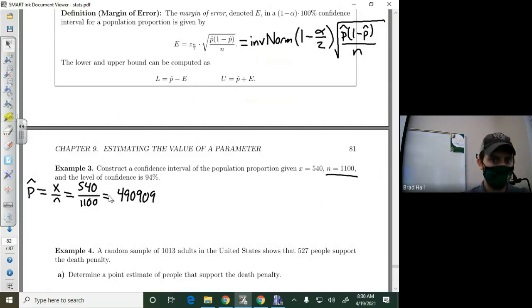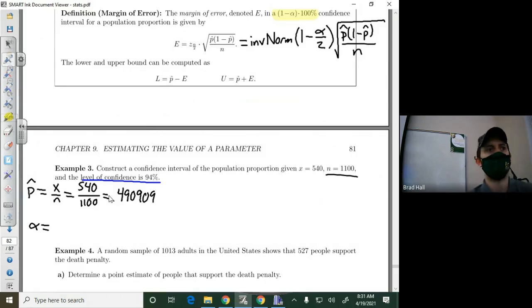What is alpha? Now they say something about whatever this means. There's a 1 minus alpha times 100% confidence interval. Now all this is a fancy way of saying that alpha is going to be, well, ultimately, what you're doing is your level of confidence that they give you, you're basically finding its complement, and you're looking at its proportion.